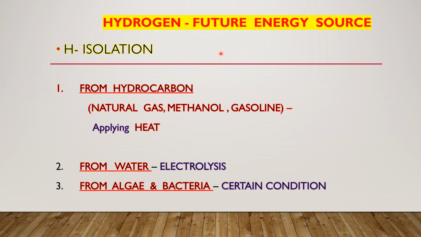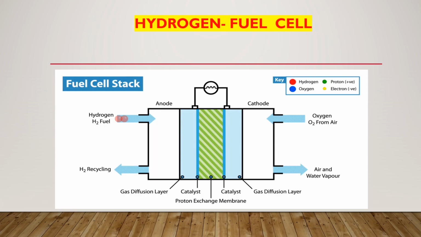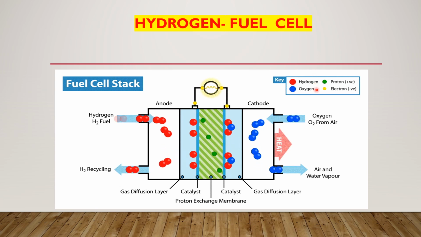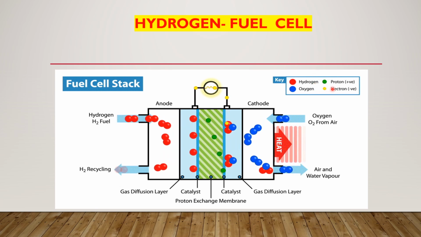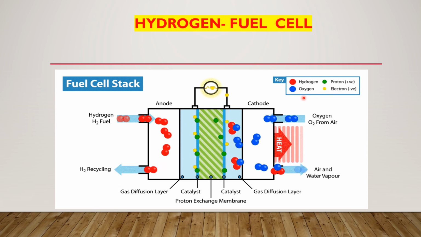Next, we go on to hydrogen as a future energy source. Hydrogen can be isolated from hydrocarbons by applying heat, from water through electrolysis, and from algae and bacteria under certain conditions. See here, look at the red balls. They are nothing but hydrogen, and the green ones are the protons.